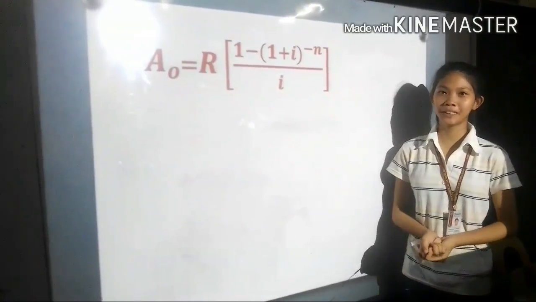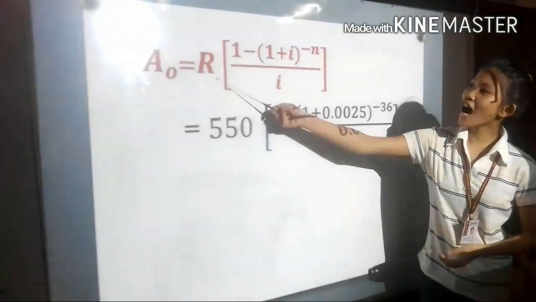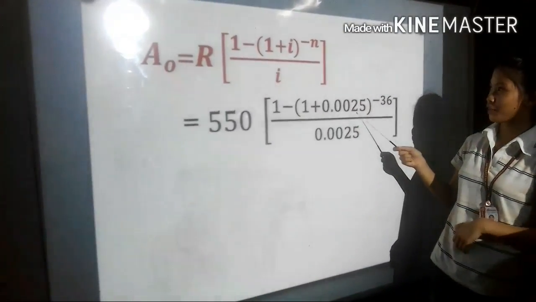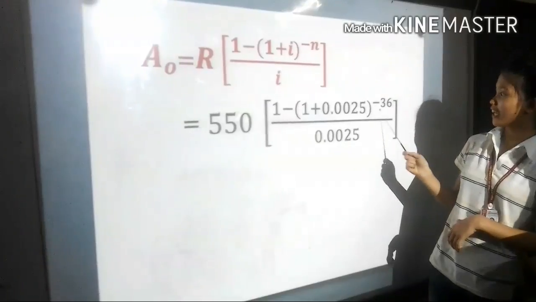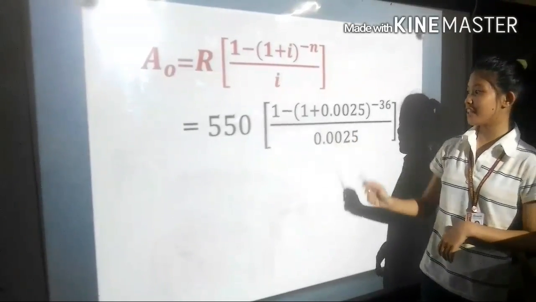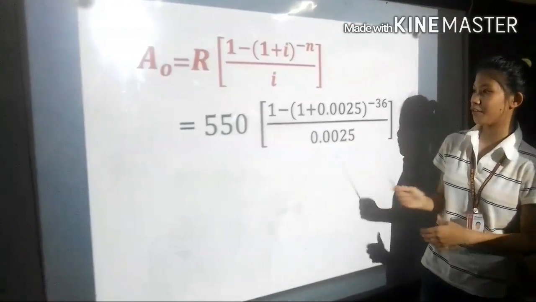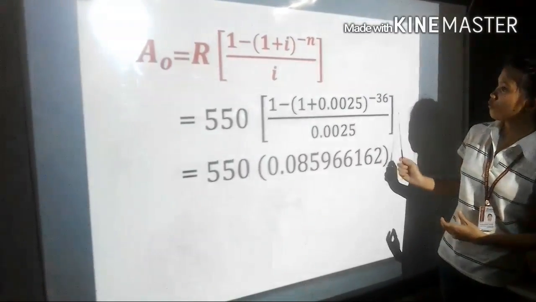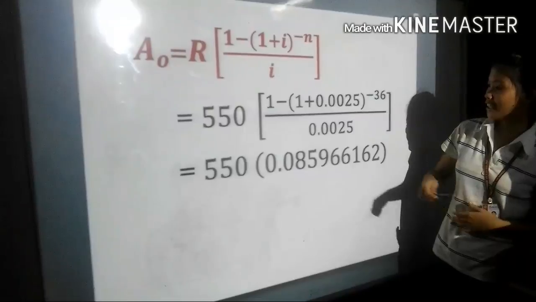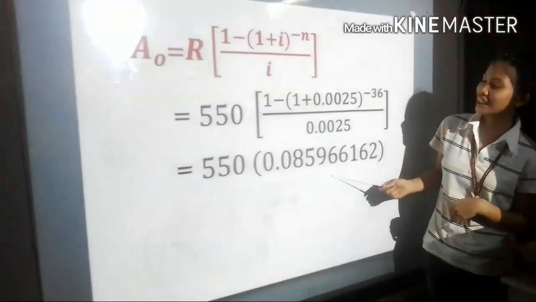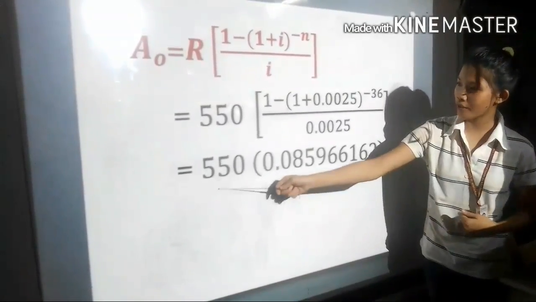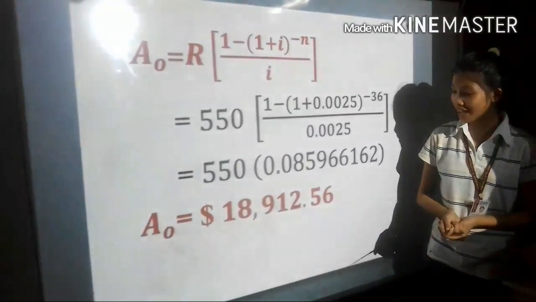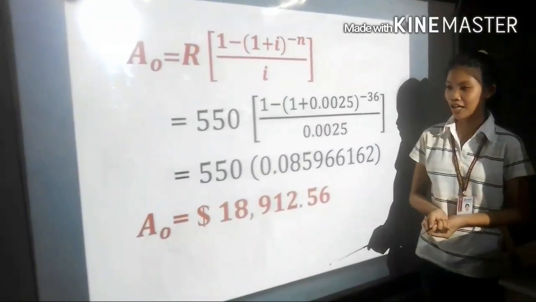Then let's do the substitution. R is 550, i is 0.0025, negative n is negative 36, i again is 0.0025. To make it easier, we're going to solve this first, then multiply it by 550, and the result will be $18,912.56.